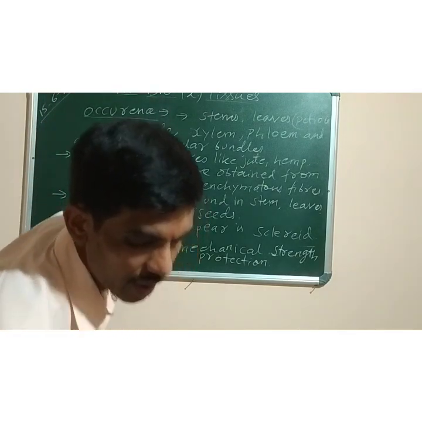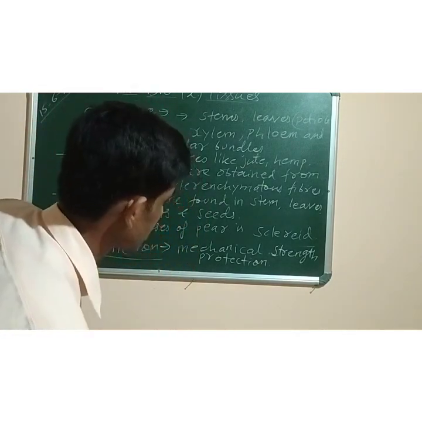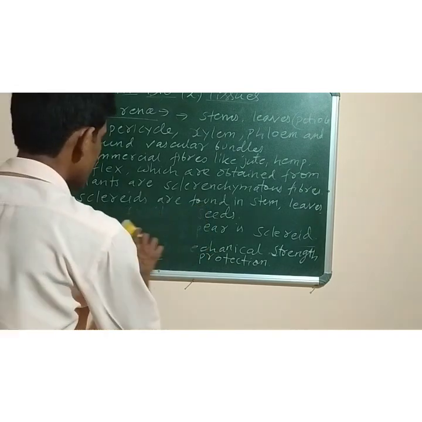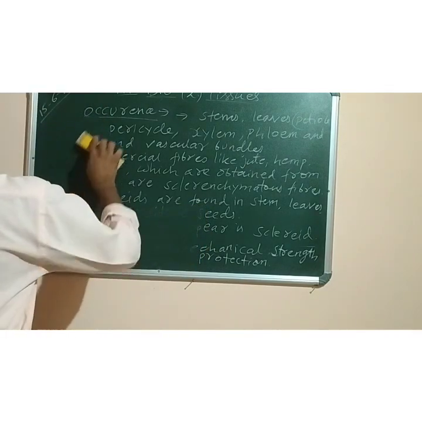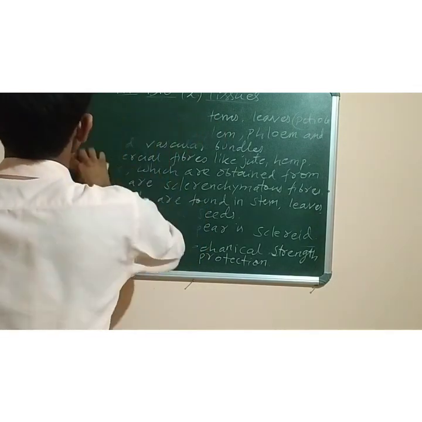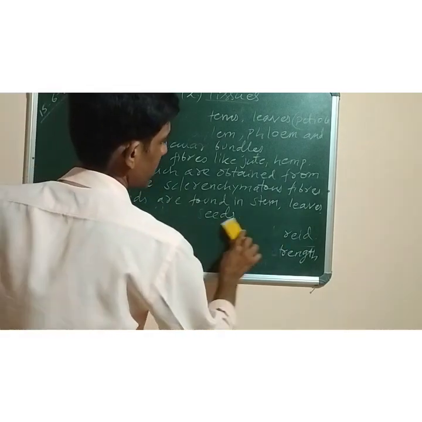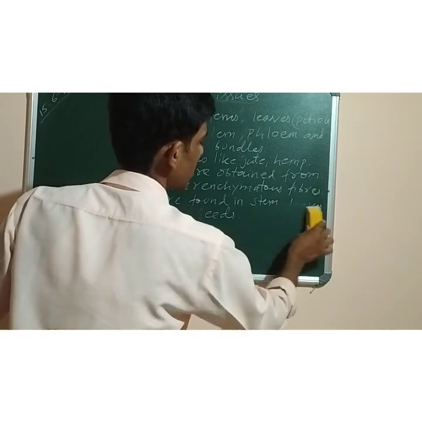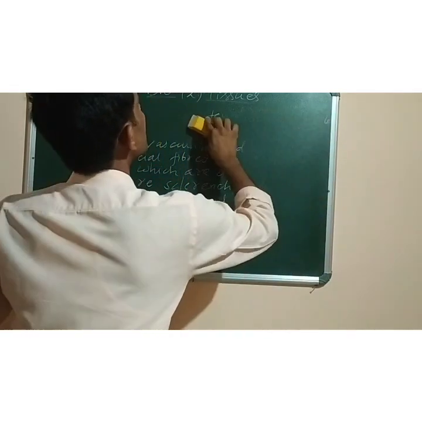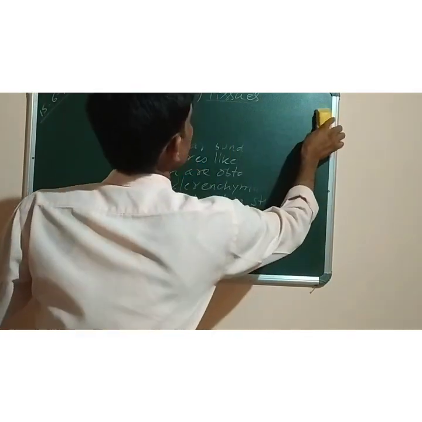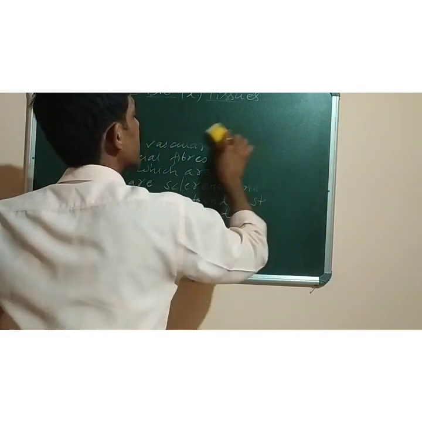So we have completed up to simple permanent tissues. Now next we will study about the complex plant tissues. What are the complex plant tissues? Complex means those plant tissues which are made up of more than one type of cells. They are called complex tissues. Okay. There are broadly two main types of complex plant tissues. What are they?